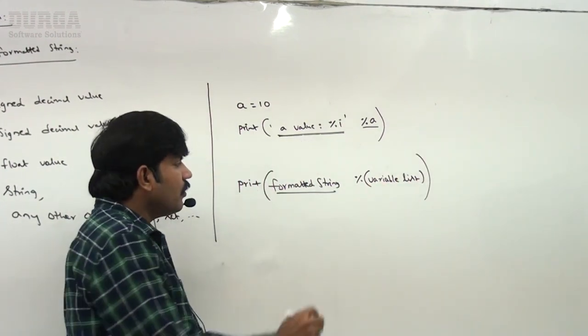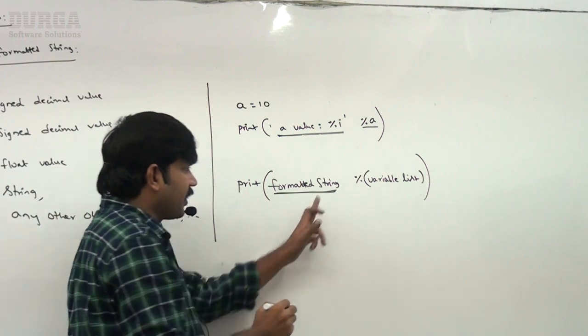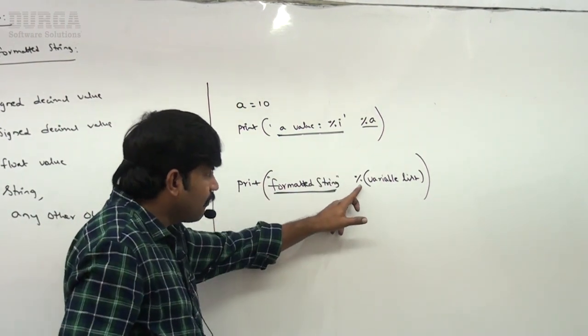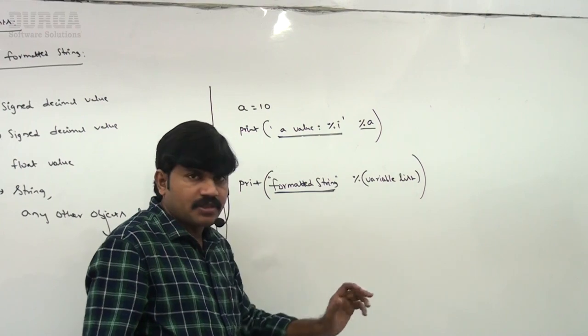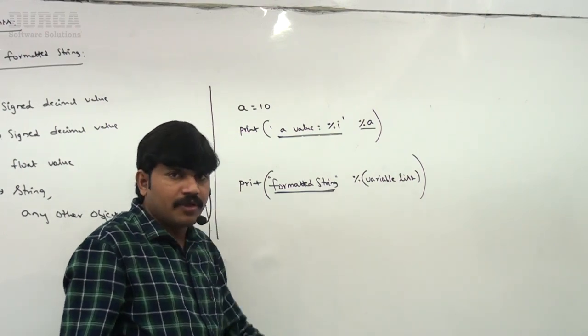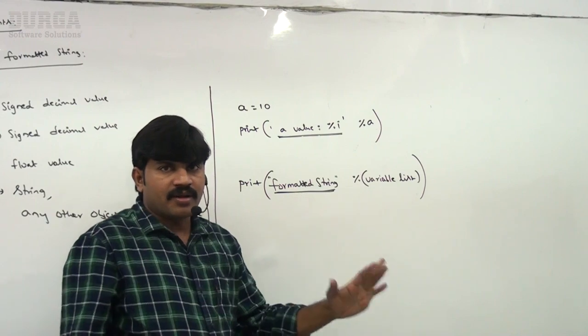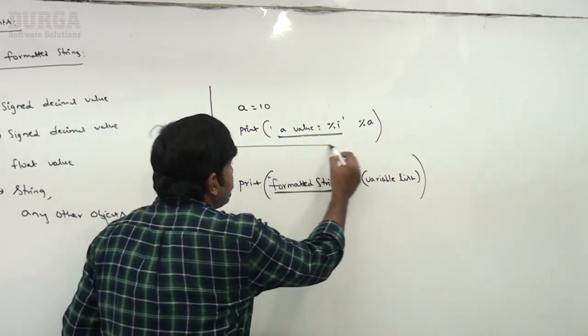That's all. Space, percentage, variable list. Within parentheses we have to take the variable list. If only one variable is there, parentheses are not required.